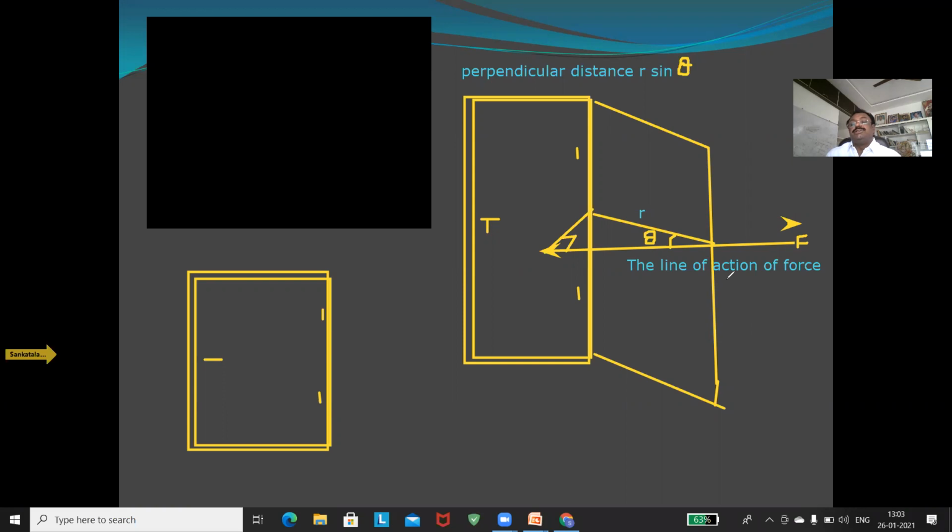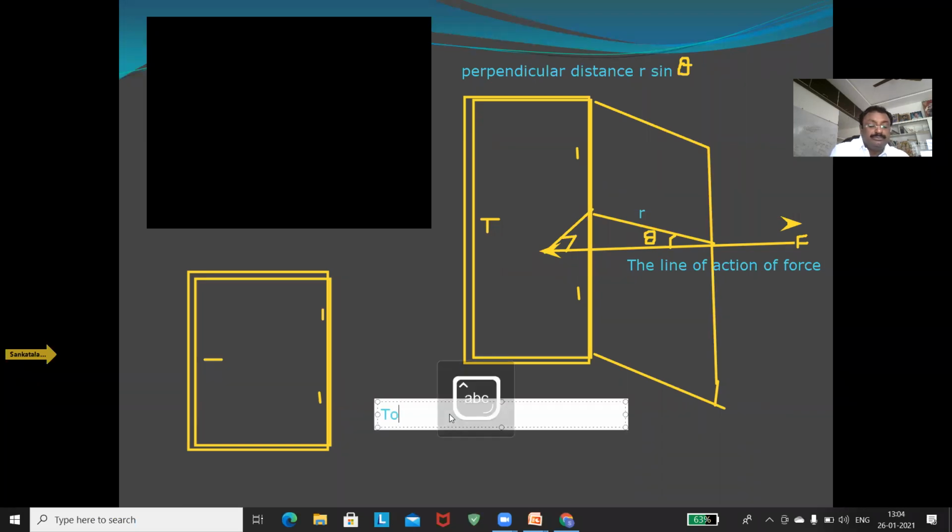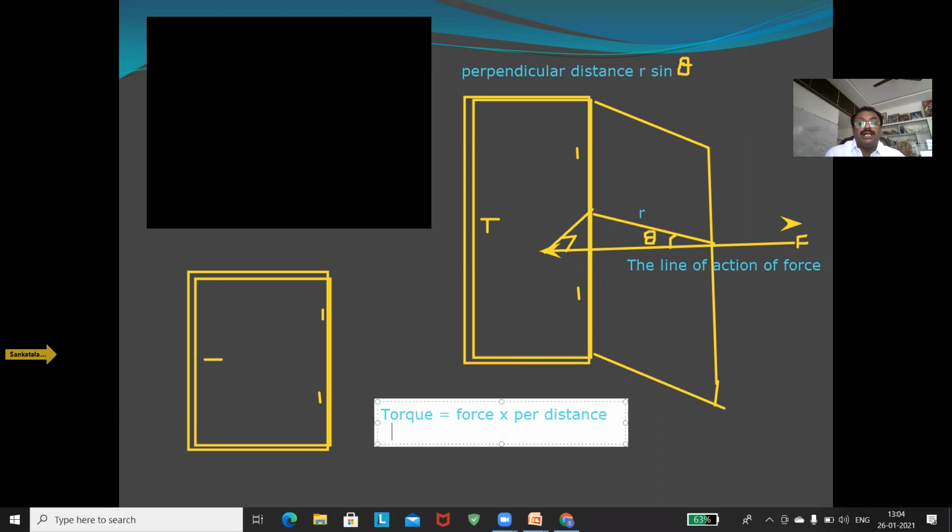So in this case, if you want to calculate the turning effect, the formula is: torque is equal to force into perpendicular distance. Torque is always shown with tau.